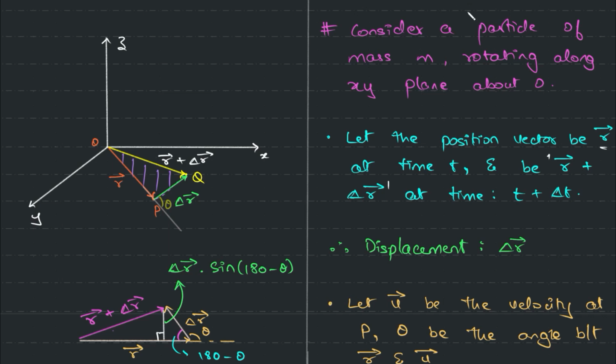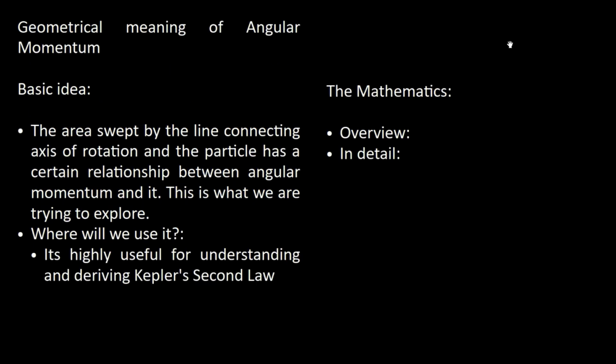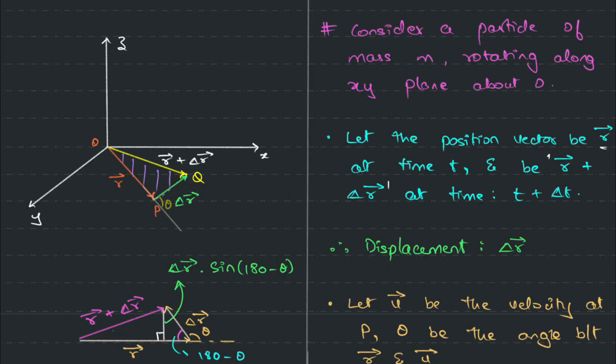So this will be connected in the next video to planetary motion. Okay. So for now, you guys can start with this heading, the basic idea, and the math from here.